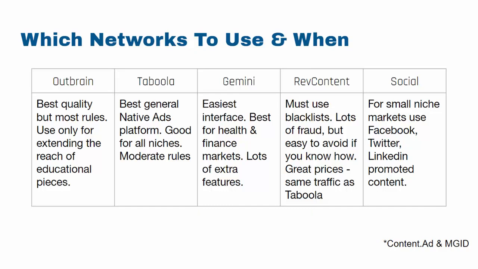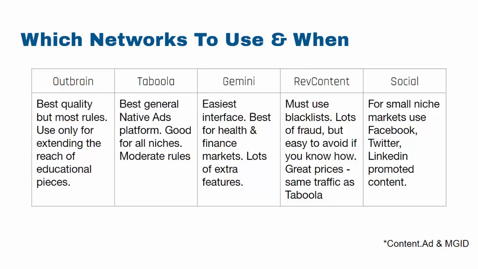Rev Content is one of the fastest growing networks, and I love the company. I love the ad network. However, I would say content.ad has the least amount of rules, if any rules at all. But because Rev Content is a little bit more free with their rules, they attract more riffraff.